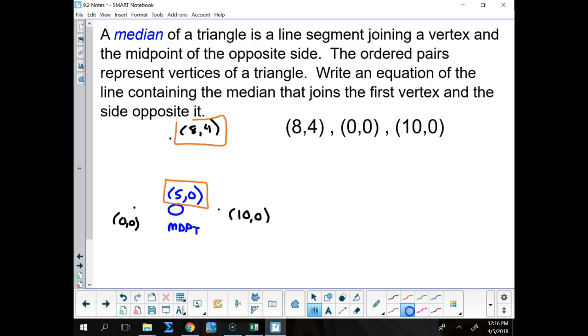Okay. So the slope there then is going to be 4 minus 0 all over 8 minus 5. Agree with 4/3. Okay.